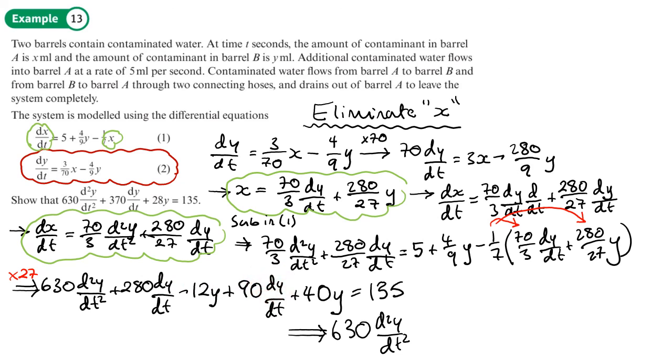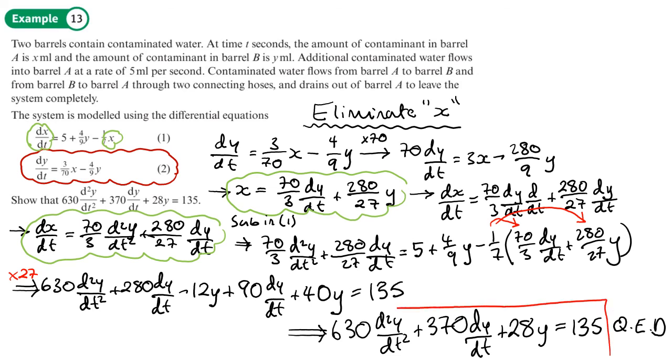That's going to give me 370 dy/dt. Then I've got negative 12 of these, add 40. That's going to be plus 28y. Plus 28y equals 135 as required. So there we go. That example is now done. I'll just highlight it there, but basically it's just a proof, so there's not really much point in highlighting that, wasting ink, but there we go.